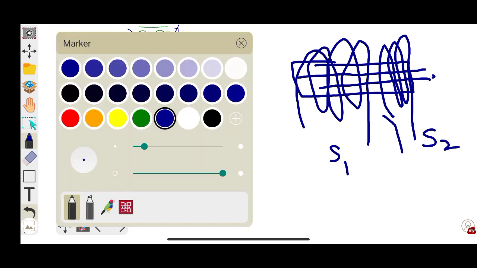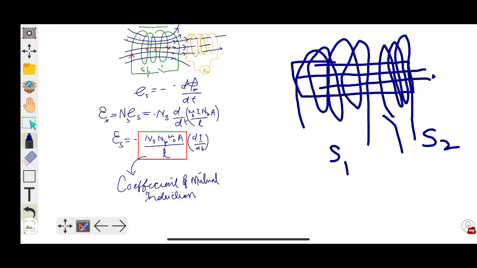Now, what is the unit of mutual or self induction? They represent the same thing, the measure of the degree of opposition by which a coil opposes the change in current through itself or in the other coil. So it has a unit also.